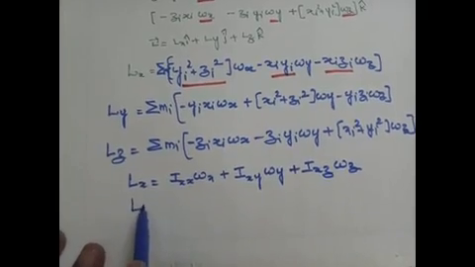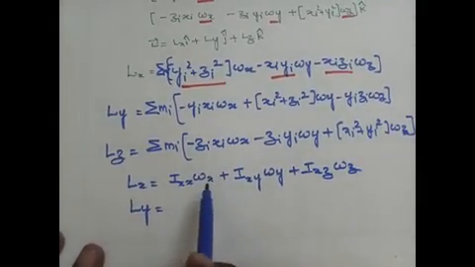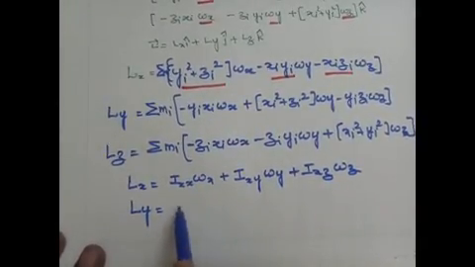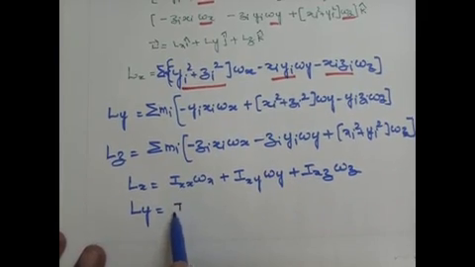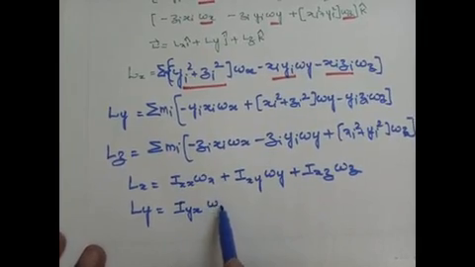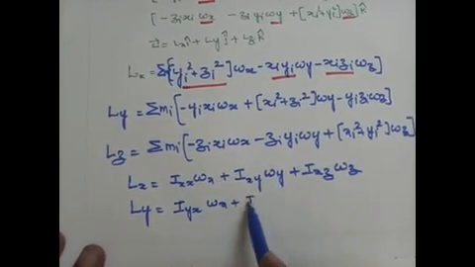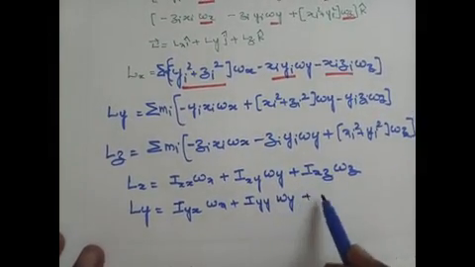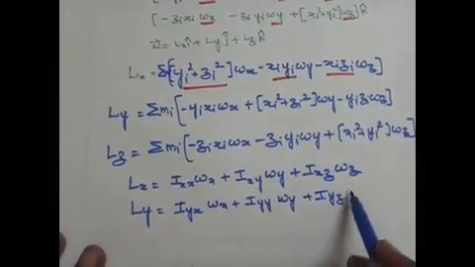Similarly, how can we write the Ly value? Ly can be written as, in this case, the y component and the x component are there, which is why we write Iyx omega x plus Iyy omega y and Iyz omega z.